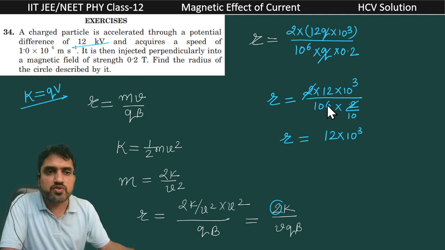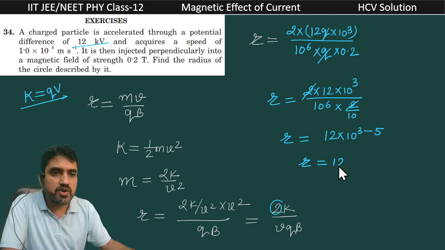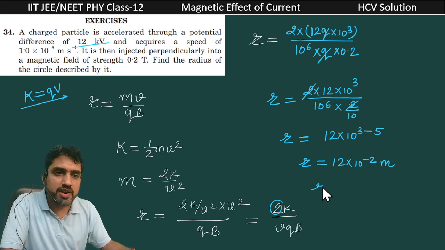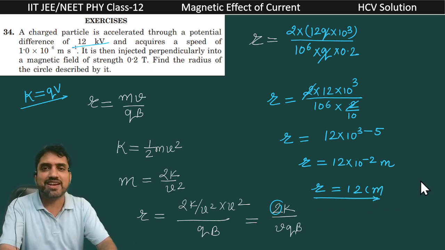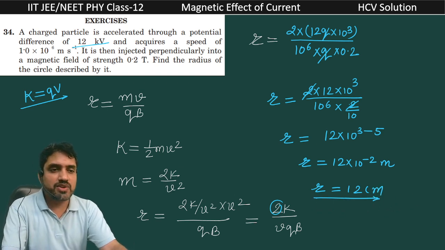Taking this 10 raised to power 5 to the numerator, it becomes 10 raised to power minus 5. So r is equal to 12 into 10 raised to power minus 2 meter. So you can write r is equal to 12 centimeter, that is the radius of this circular path.